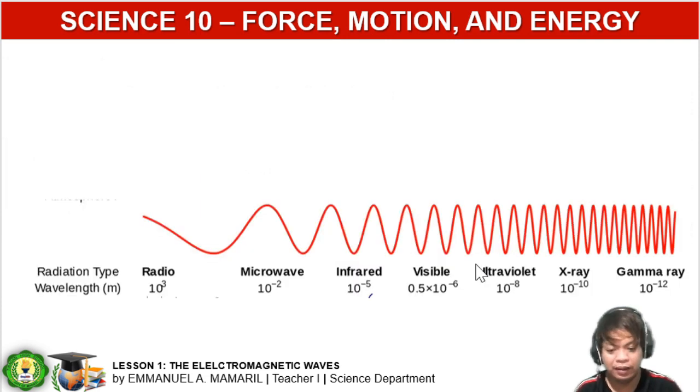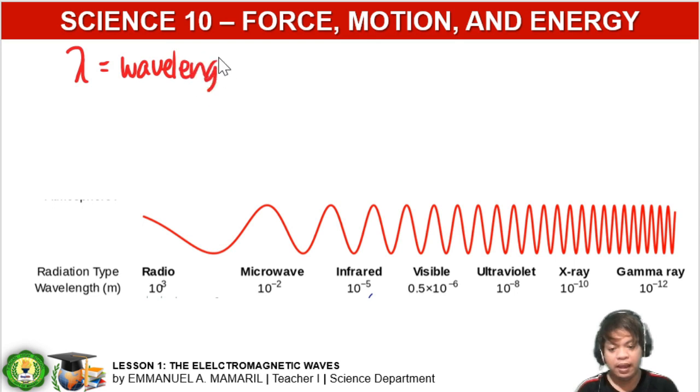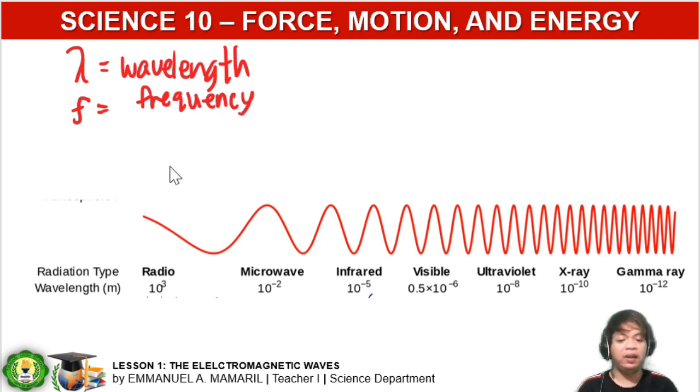Okay? So, to wrap it up, guys, let us talk about the relationship between wavelength and frequency of the electromagnetic waves, or of the different types of electromagnetic waves in the electromagnetic spectrum.